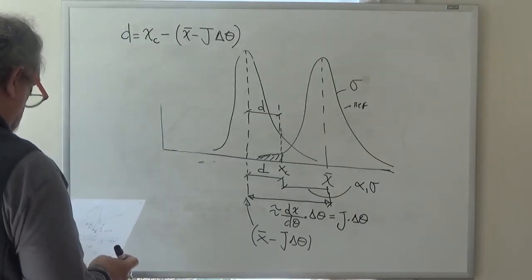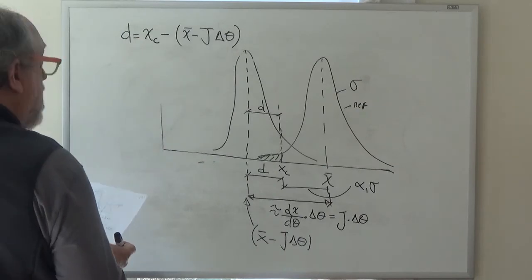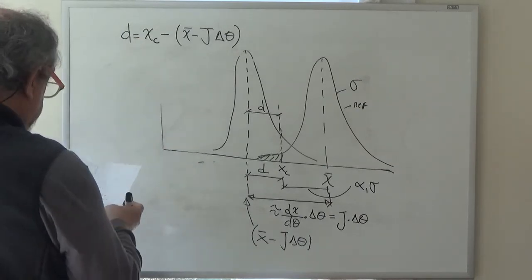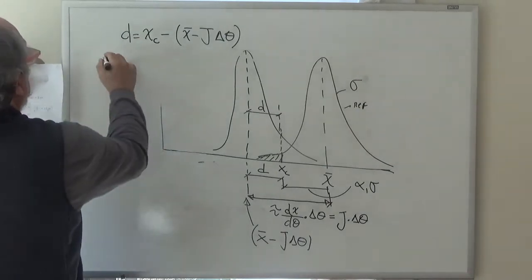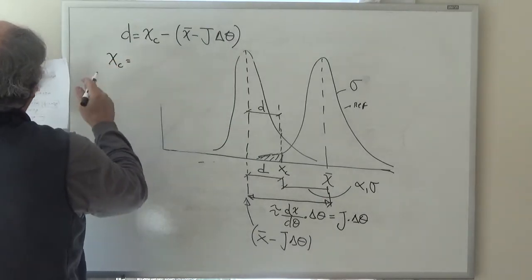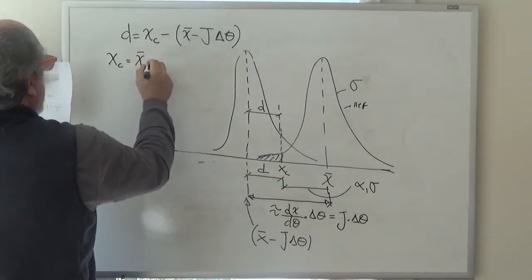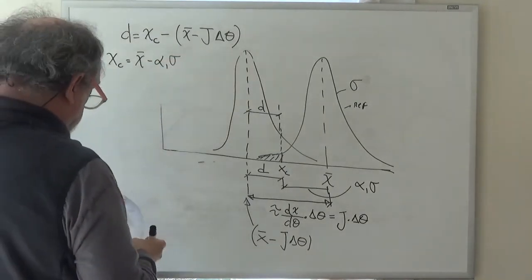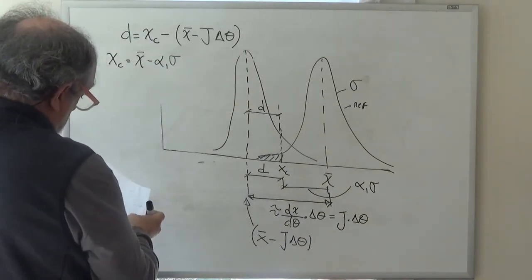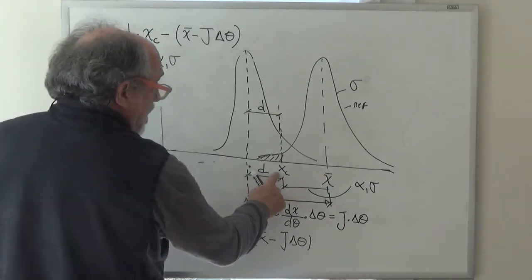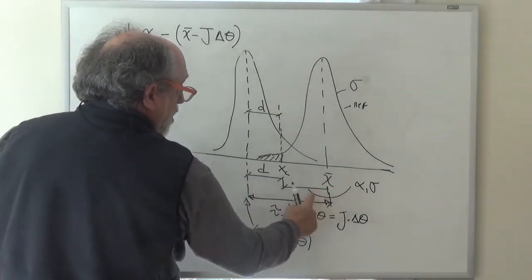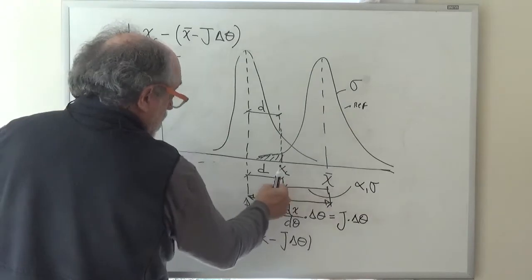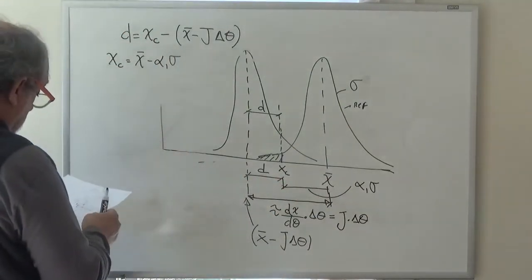Now, xc is equal to x bar minus alpha 1 sigma. So let's see. xc, which is this one, is x bar minus alpha 1 sigma, right? So you go back like this and you're there.